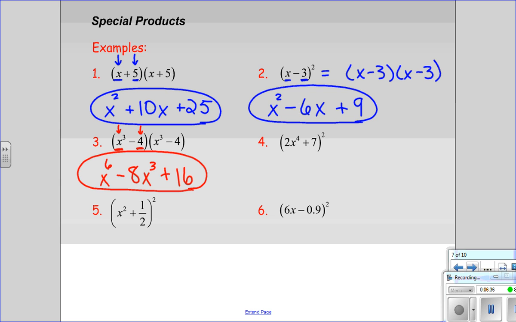For number 4, we square our first term, 4x to the 8th. We multiply our first and second together and then double it. So that'll be 14x to the 4th doubled is plus 28x to the 4th. And then our third term in the trinomial is the 7 squared, which is plus 49.